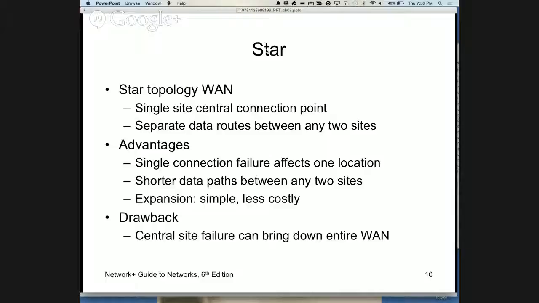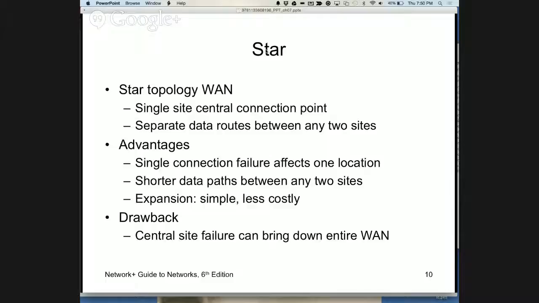Well, in the star, that's not the case, you'll see in a second. Building 1 is just gone, but you still have buildings 2, 3, 4, and 5 maybe connected. Now, if building 1 is the central area, that could be a problem. If it's a central house for that WAN environment, then that could be a problem. So a single connection failure affects only one location.